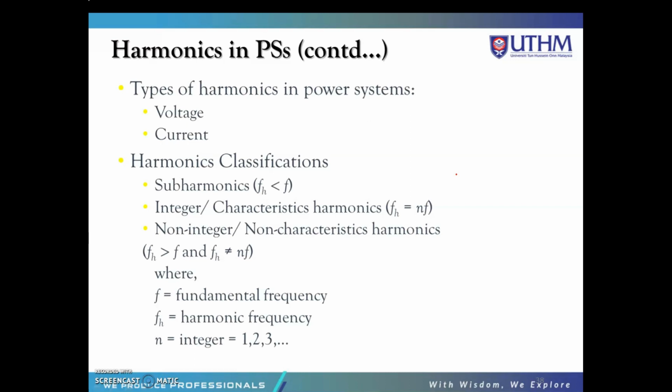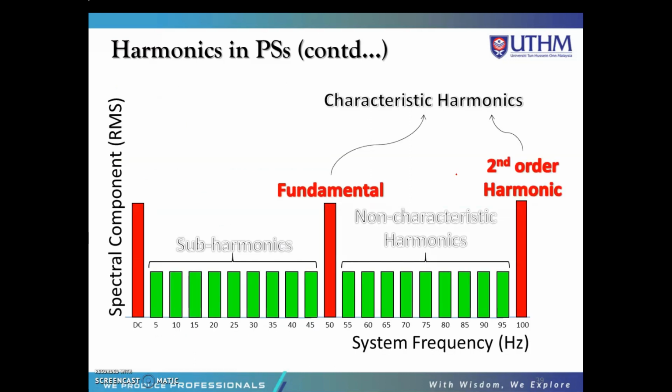So for harmonics classification, you can see from this diagram. First we have the subharmonics, where FH is less than F. So FH is the harmonic frequency and F is the fundamental frequency.